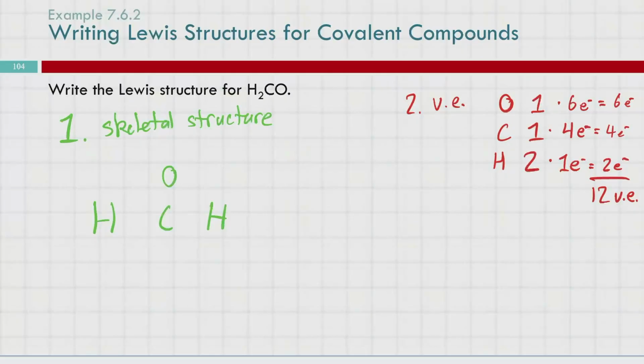Shout out where we need a bond. The options are between hydrogen and hydrogen, hydrogen and carbon, hydrogen and oxygen, oxygen and carbon. Which one of those do we need?